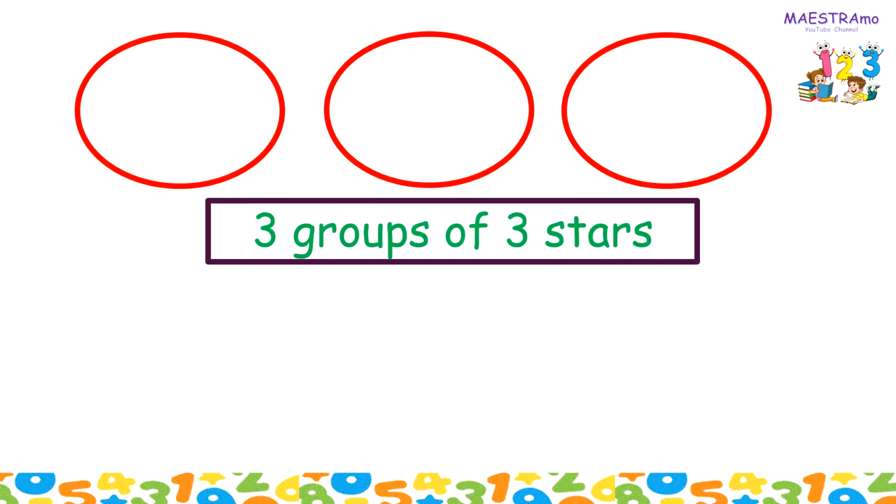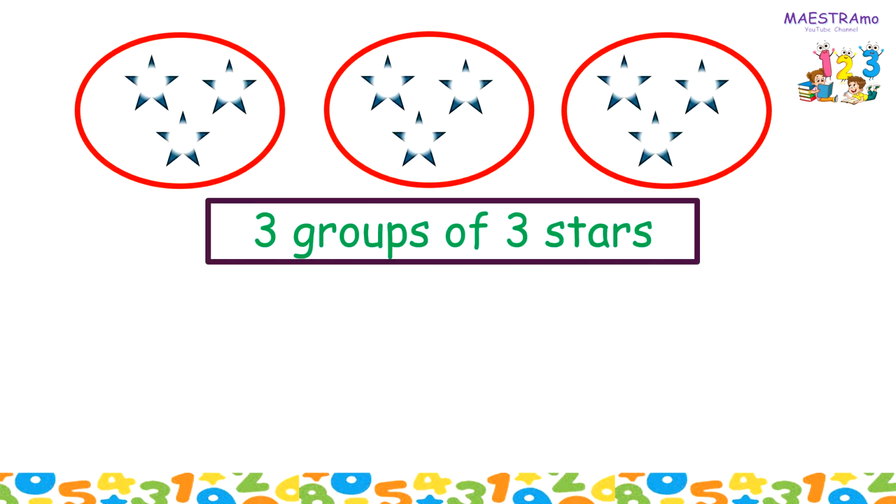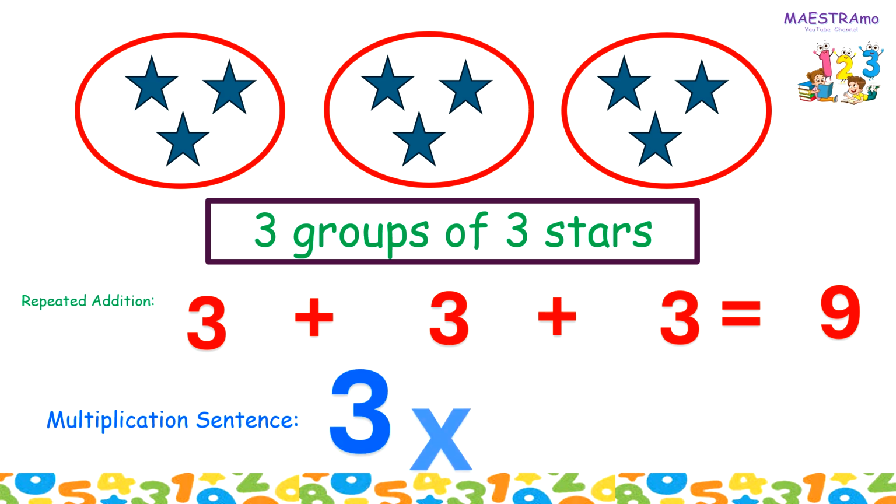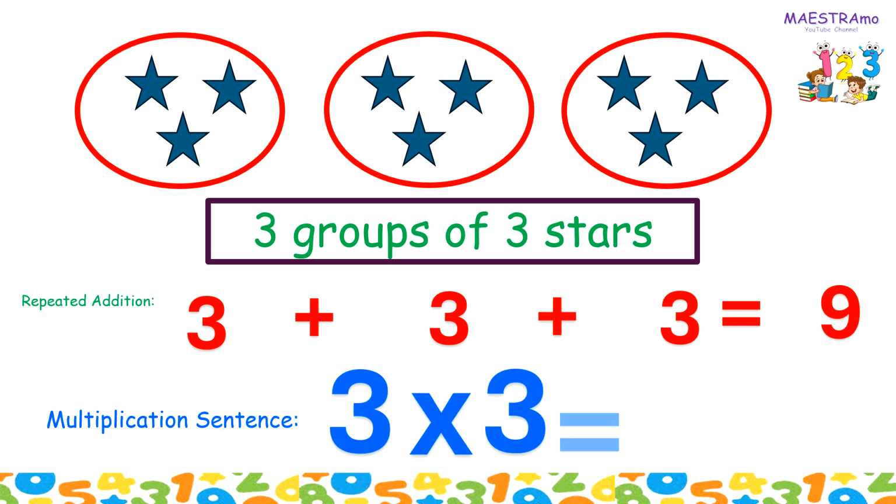Let's have more examples. We have 3 groups of 3 stars. The repeated addition is 3 plus 3 plus 3 equals 9. The multiplication sentence is 3 times 3 equals 9.